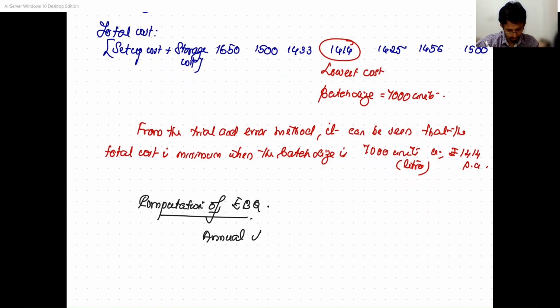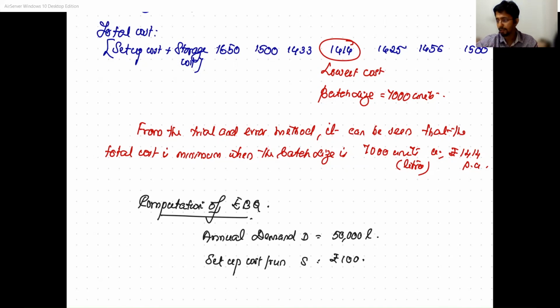Annual demand, D is equal to 50,000, right? Now, what is setup cost? Per run. That is rupees 100.